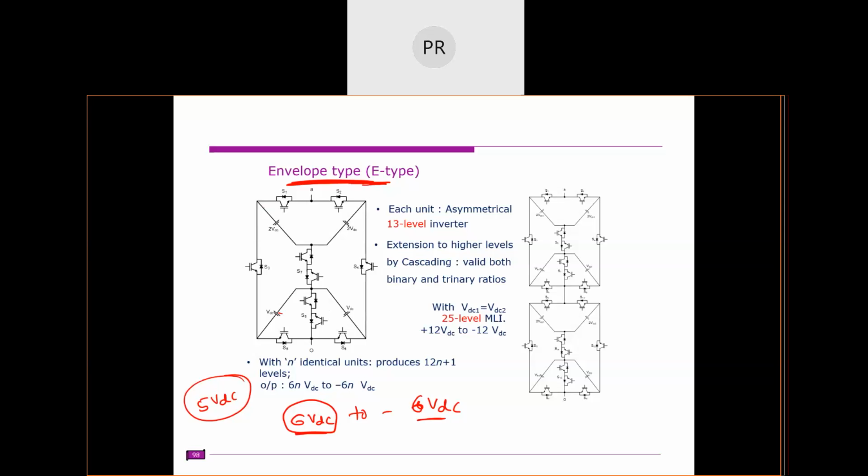Like this, so you are bypassing this VDC source. So that gives you the 5 VDC.